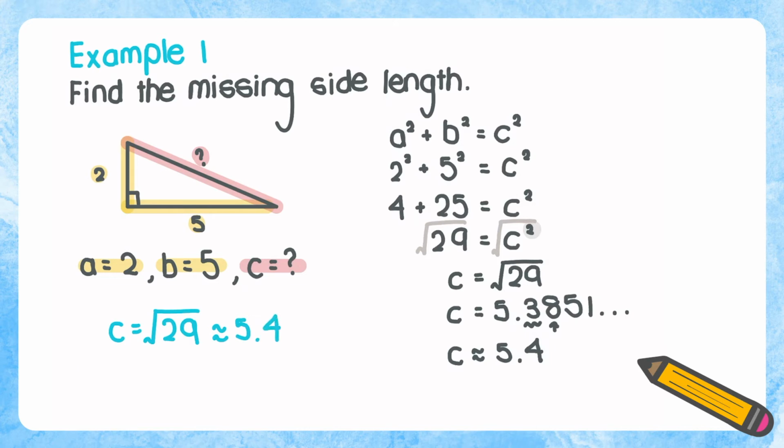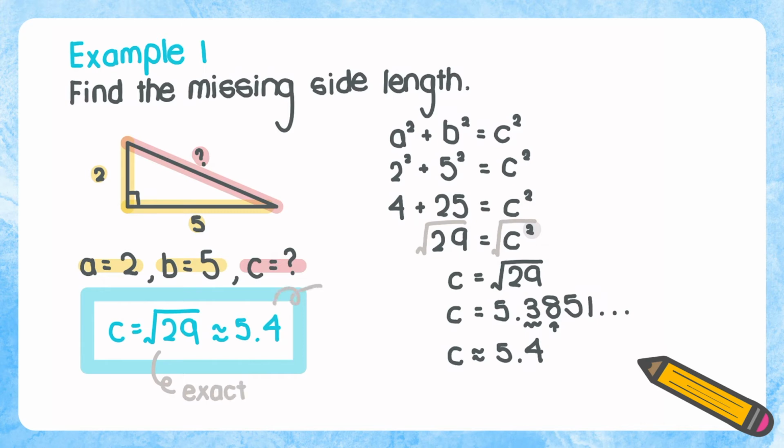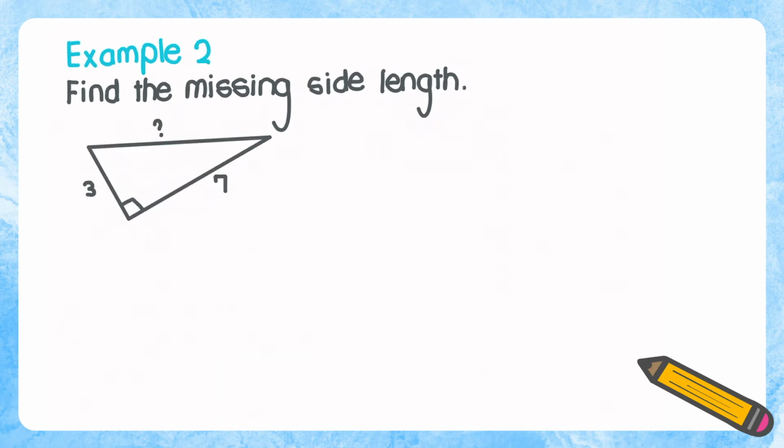So be sure to read the problem carefully when you're working on problems on Delta Math, you will be either asked for an exact answer or an approximate answer. Let's look at another example.